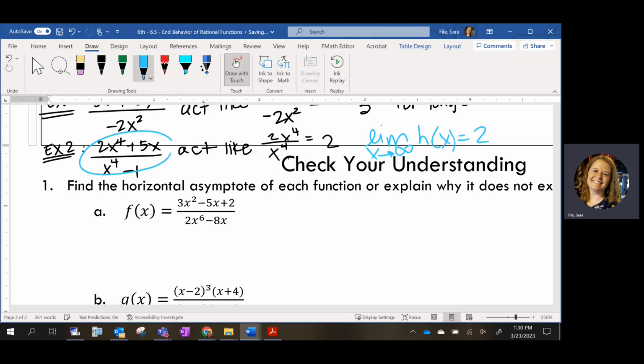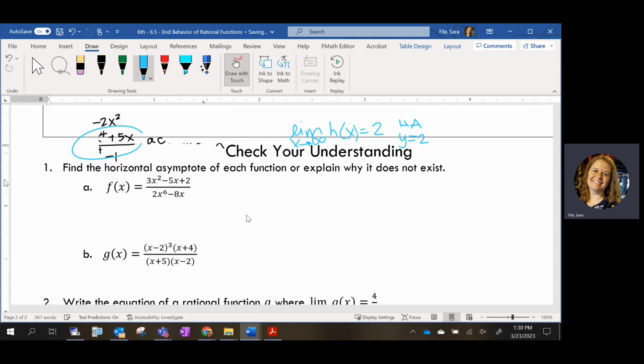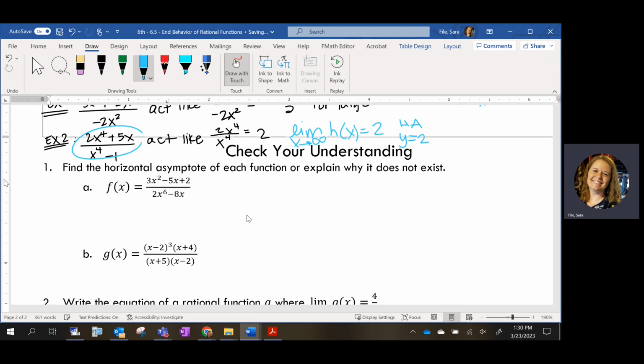That means there's a horizontal asymptote at y equals 2 is what that tells us. Does that make sense? All right, so we can determine the end behavior of polynomials by looking at just the lead terms and comparing those ratios of those leading coefficients. You'll feel okay about that?